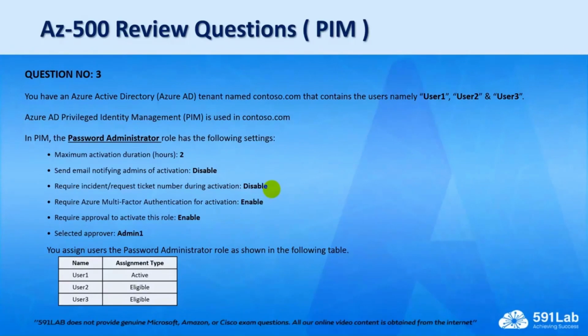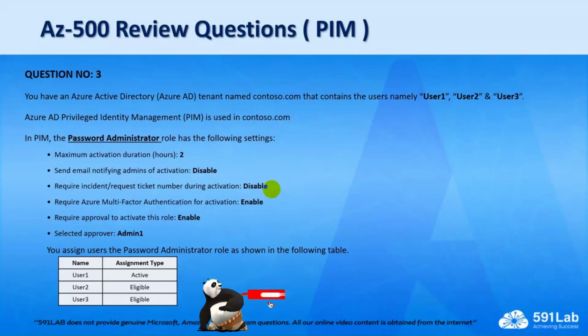In PIM, the password administrator role has the following settings. If you read the question till this line, it says there is an organization contoso.com, and in that organization we have 3 users, user 1, user 2, and user 3, and PIM is enabled for the privileged role called password administrator. And these are the settings.